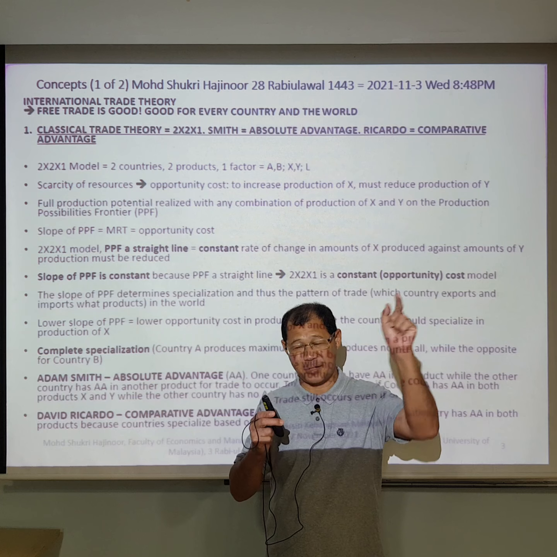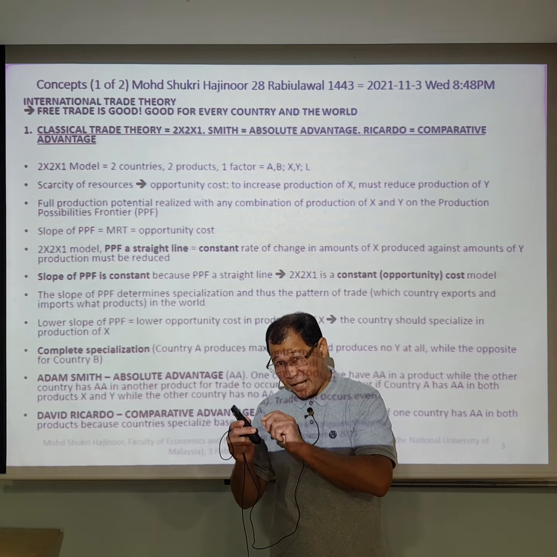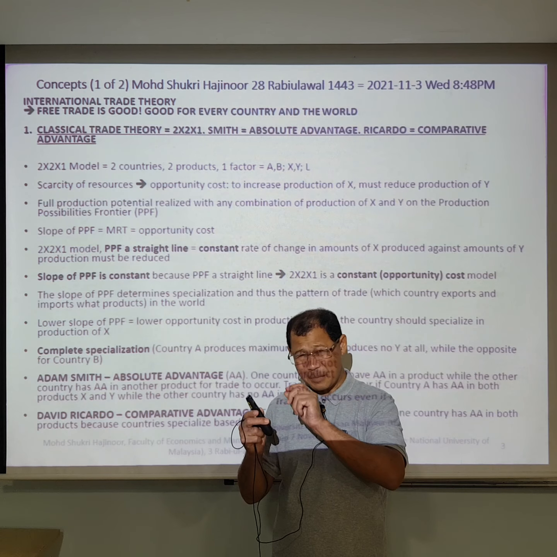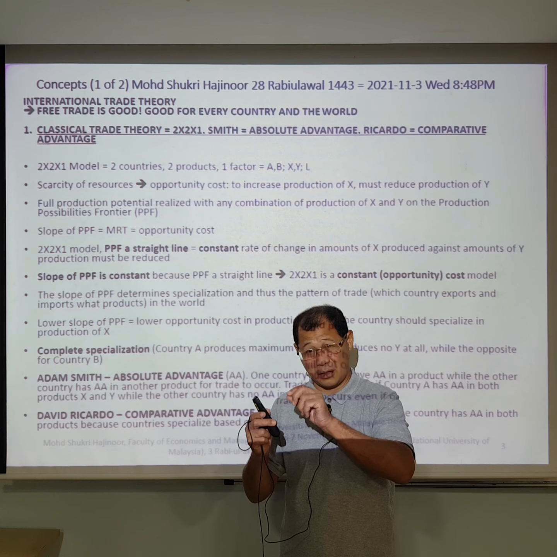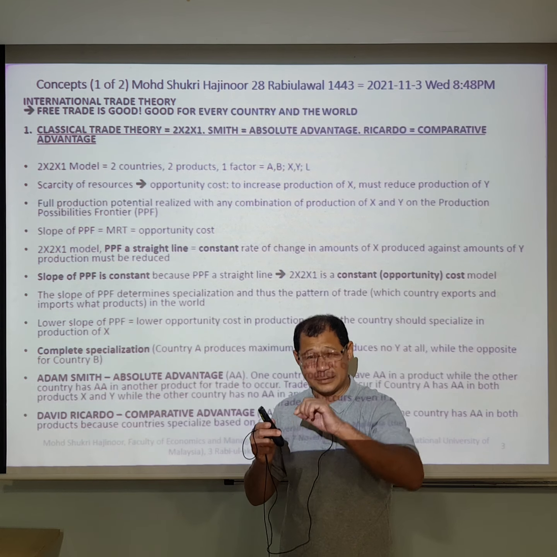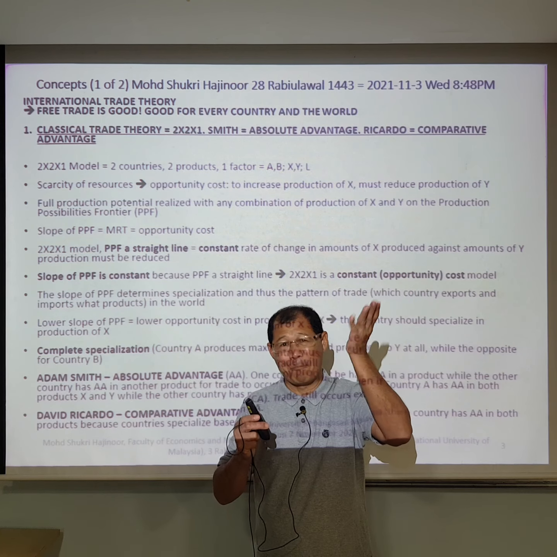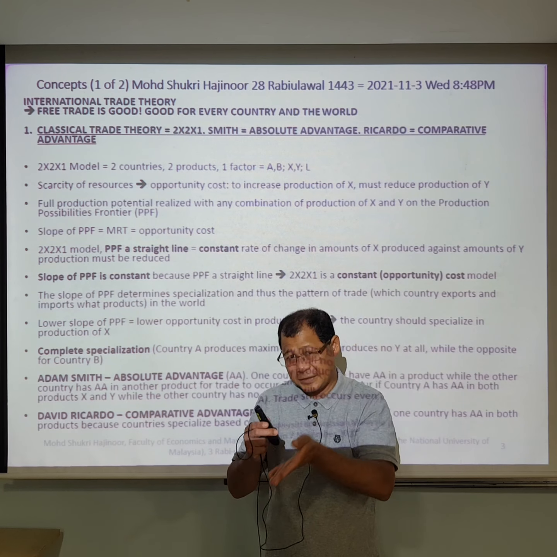And we can find any combination of X and Y production, dotted at one line that we can connect together. That's what we call the production possibilities frontier.